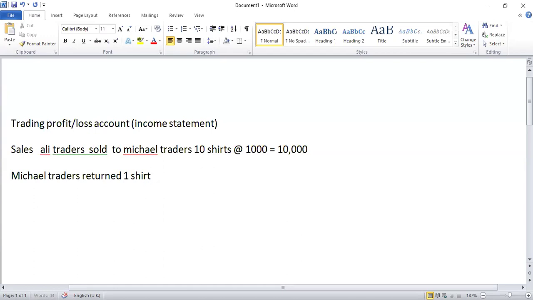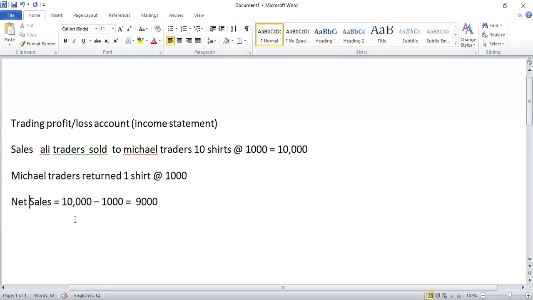Remember this shirt is going at 1,000. If they returned it, our sales will now be 10,000 minus what was returned, which is 1,000. Now our total sales is 9,000. This is our net sales, not just sales.